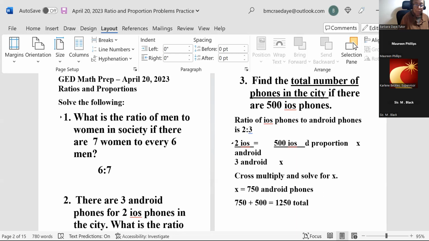Why do you have to divide the 1500 to get the 750? Okay, I'll show you. You take the proportion out.